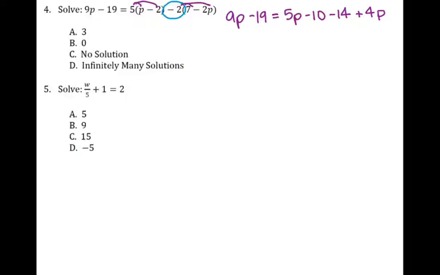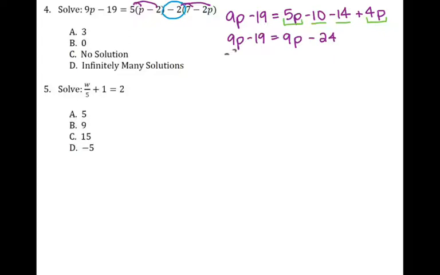Okay, on my left-hand side, I can't really combine anything, so I'm going to go ahead and leave it as it is. On my right-hand side, I can combine my like terms. 5p plus 4p is 9p. I can also combine these two numbers. So negative 10 minus 14 is negative 24. And now I can go ahead and continue to solve.